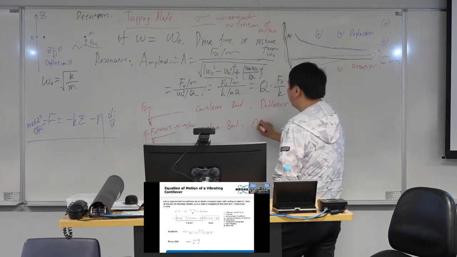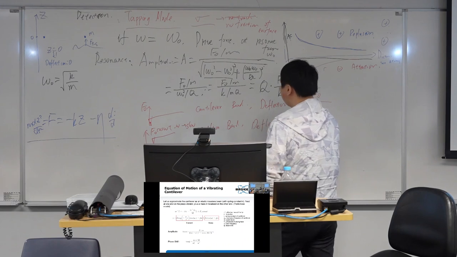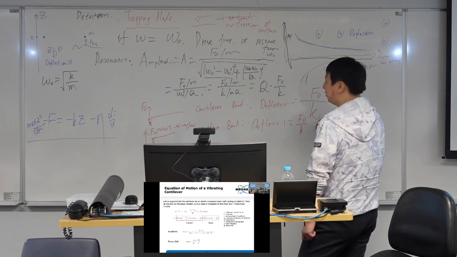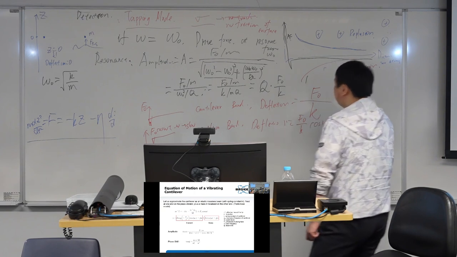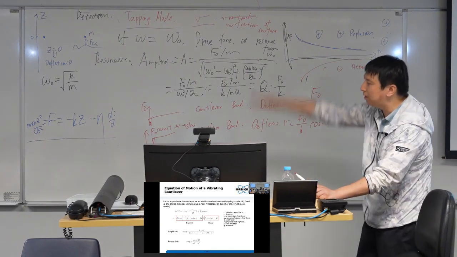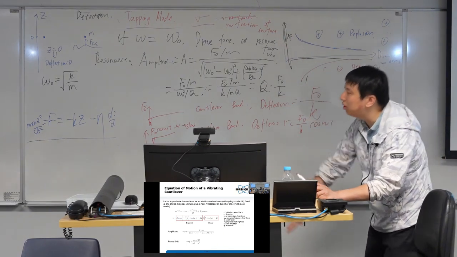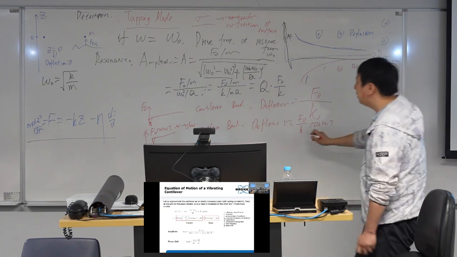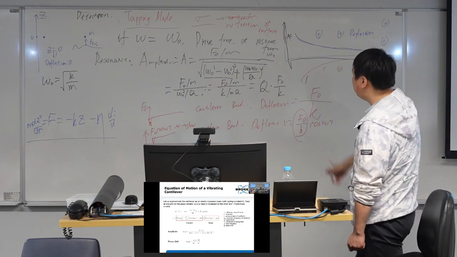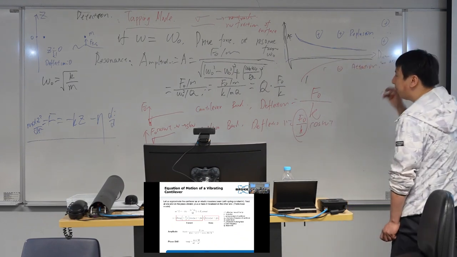The deflection should be something like F0 divided by K and cosine omega t, right? The probe will oscillate, but its amplitude equals F0 divided by K.